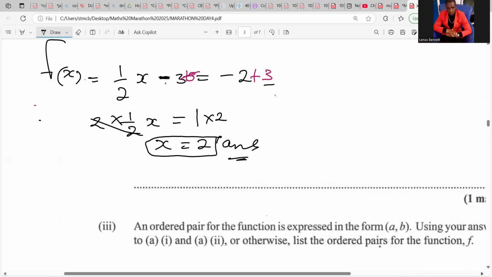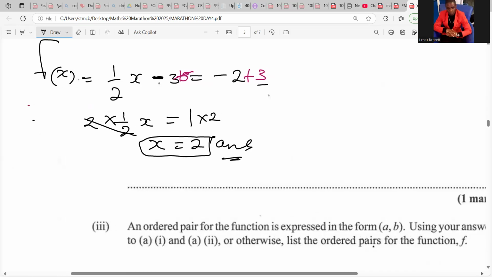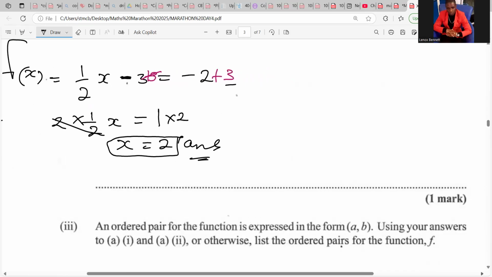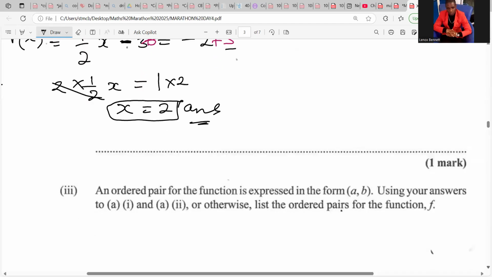An ordered pair for the function is expressed in the form (a, b). Using your answers to A1 and A2, or otherwise, list the ordered pairs of the function f. So the ordered pair is basically listing the x and the y coordinates.